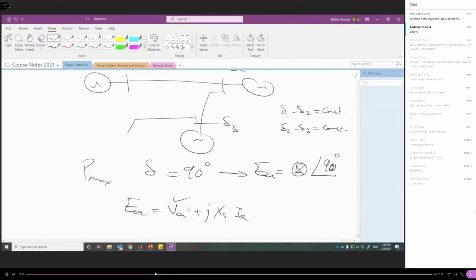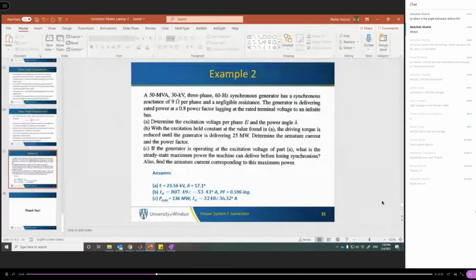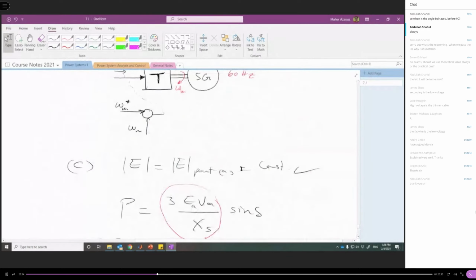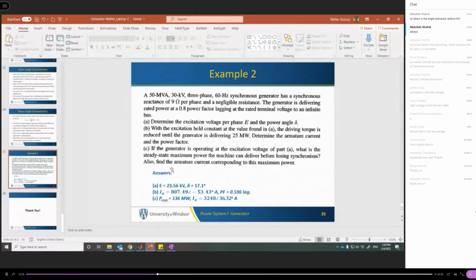You have VA, which has the rated voltage, and its angle is 0. We have the voltage here. We have the magnitude, and the angle is 90. Now we can get IA. This is the last part of this example. So if you follow these steps, you should be able to get these answers. Any questions?